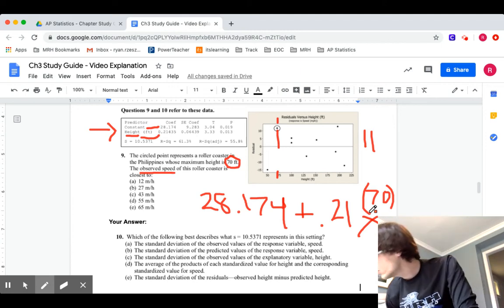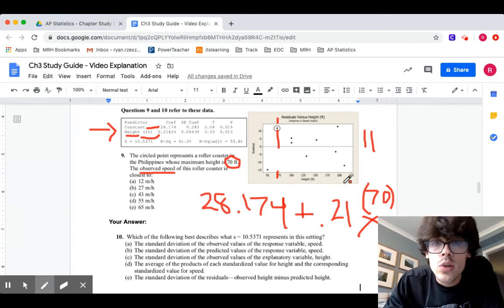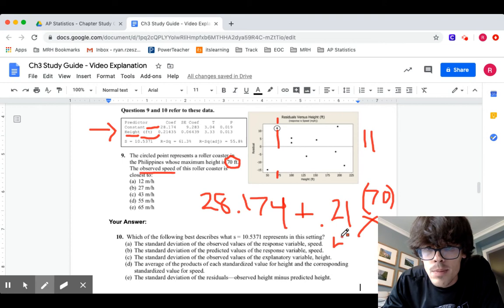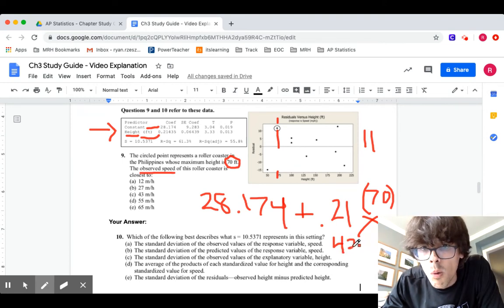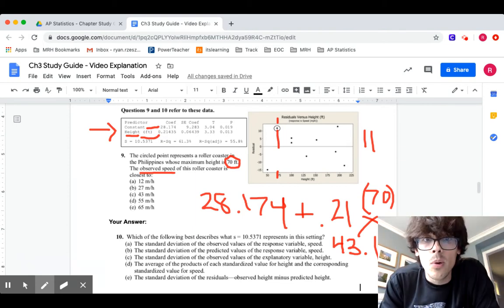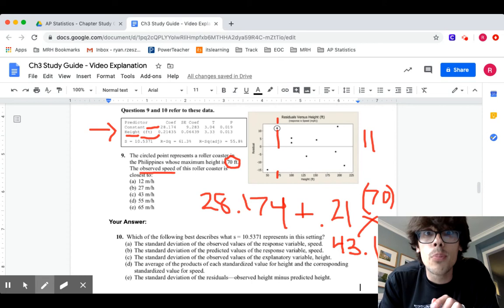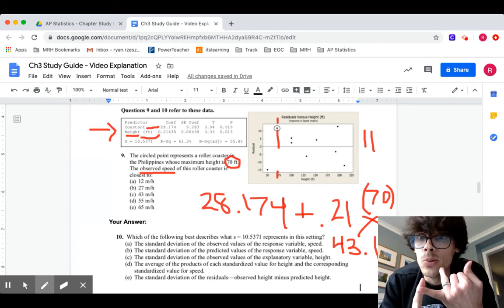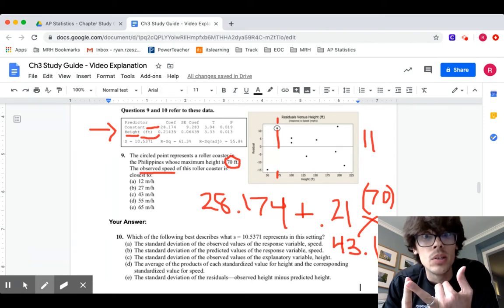Okay, and if you do that and plug a 70 in, you get 43.1 or 43.2, somewhere in that area. Okay, so that is my predicted, 43.1. But they didn't ask for the predicted either, and that's a choice. So they had 12, which people would choose. They had 43, which people would choose.